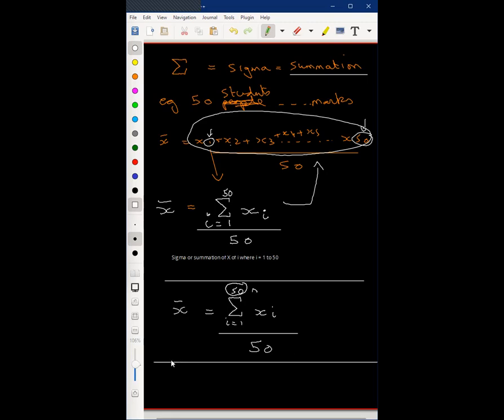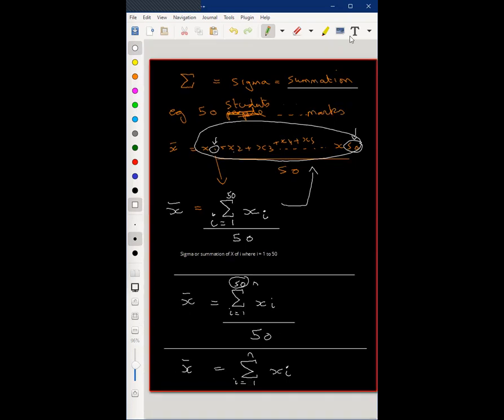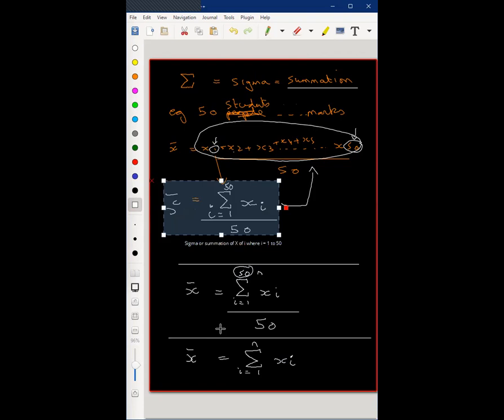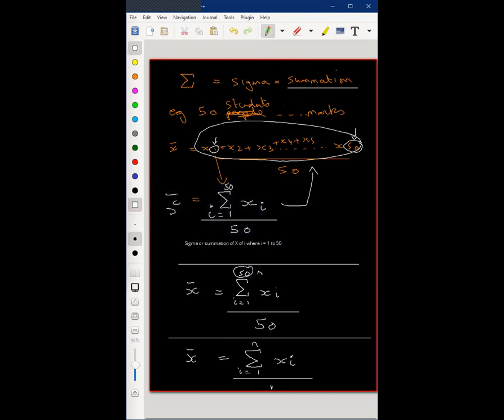So the standard formula for the mean becomes x bar is nothing but sigma, I starts from always 1 till n, x of I, upon n, where n is the number of observations.